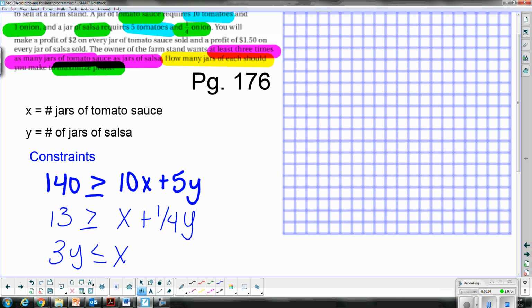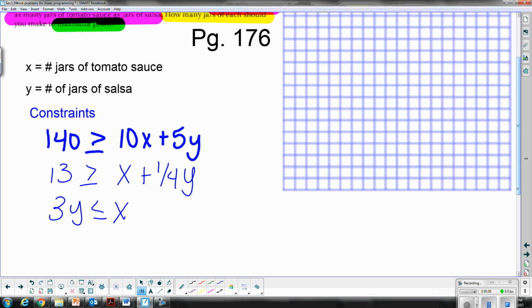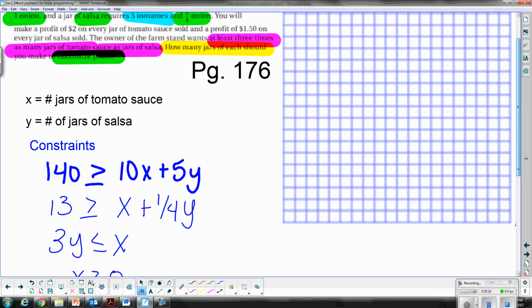Lastly, think about whether or not you can have negative numbers. So our last constraint is that our jars of tomato sauce has to be greater than or equal to 0, and our jars of salsa also has to be greater than or equal to 0. Now, when you're graphing this, you can just use the first quadrant.